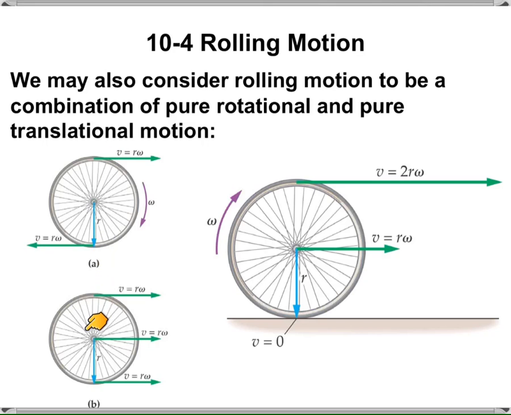But also, if the wheel is in translational motion toward the right, everything is going with the same velocity, so you must add another v to this point on the rim. And so, when you look at the complete picture, the wheel is rotating and it's going toward the right. This point on the rim must have twice the linear velocity of the center. Is it clear?